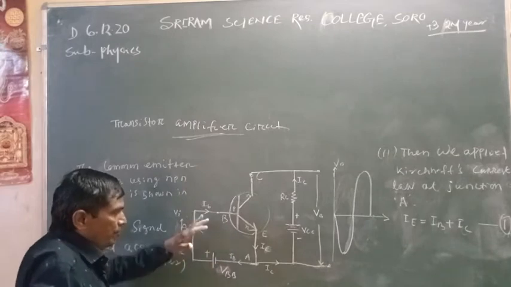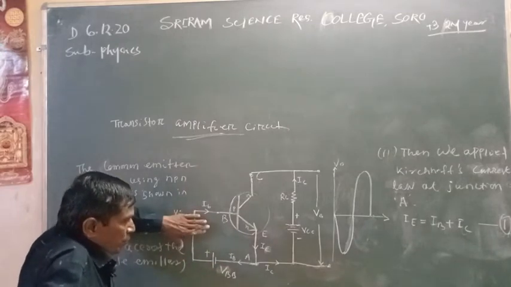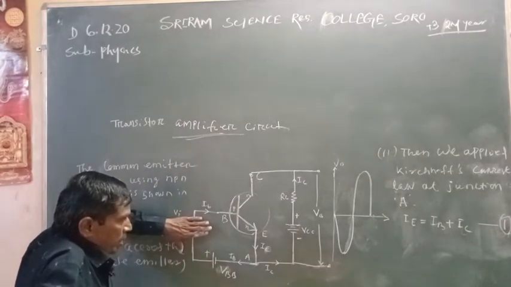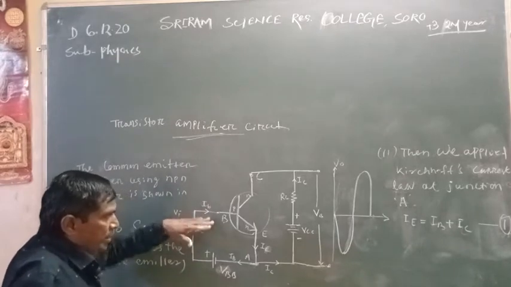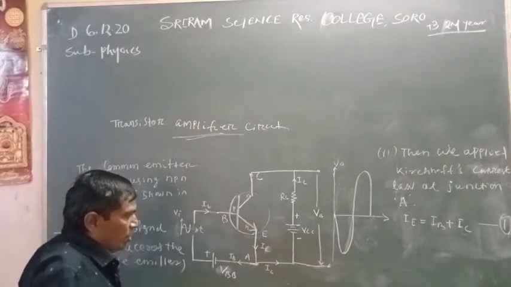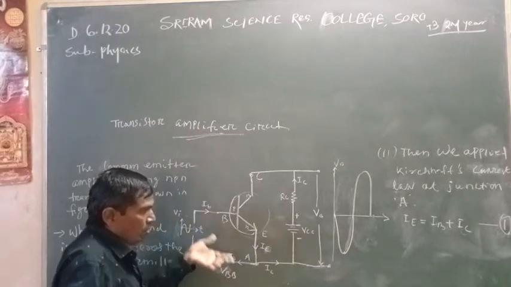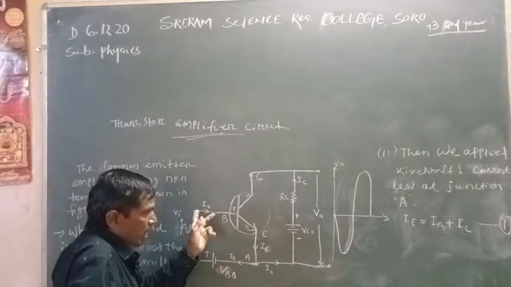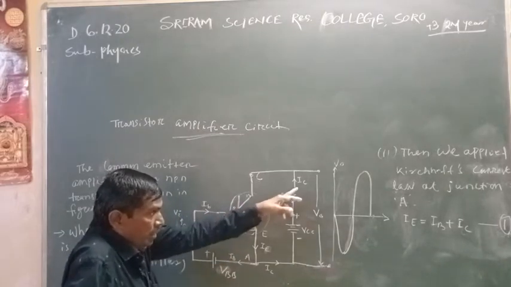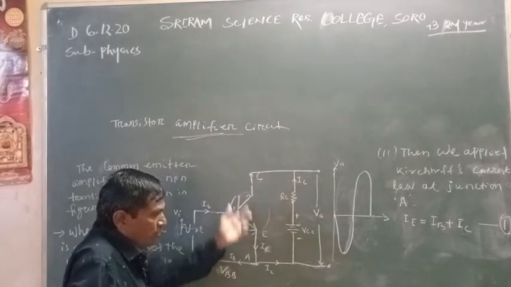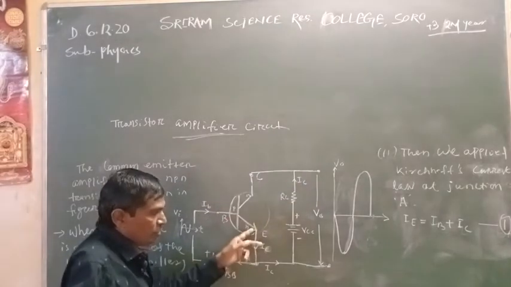Again, when no input AC voltage is applied across the base emitter junction, the base current IB and the collector current IC flow through the emitter circuit.